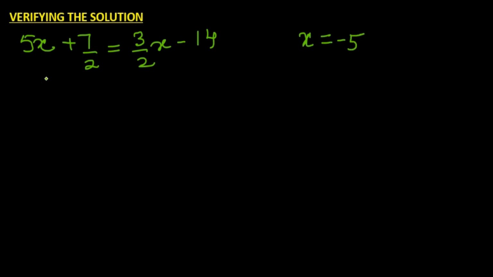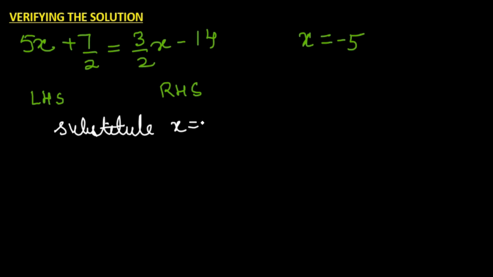Now we have to verify it. So we will take the left hand side of the equality and the right hand side of the equality, and for both the sides of the equality we will substitute x as negative 5.